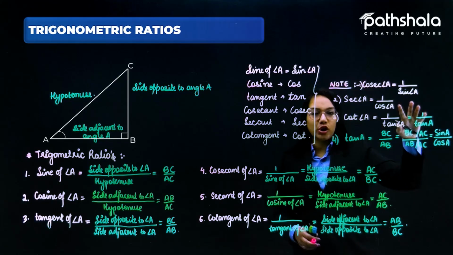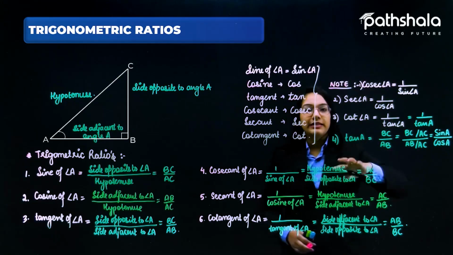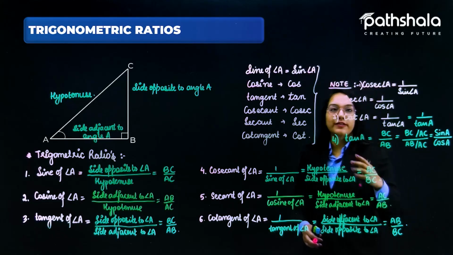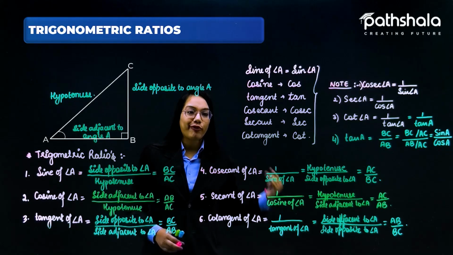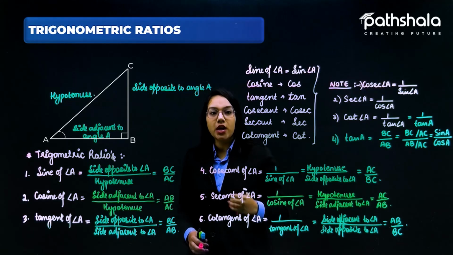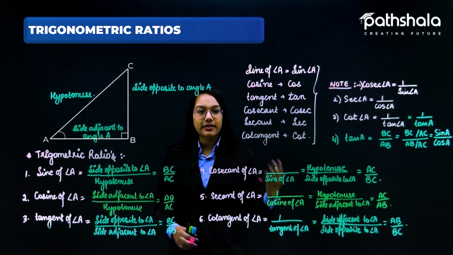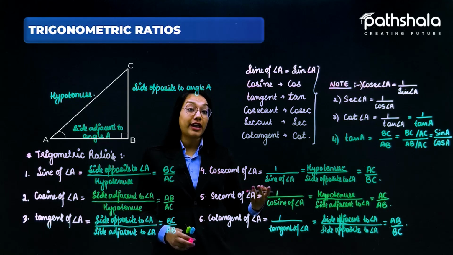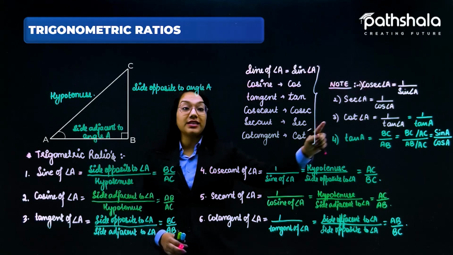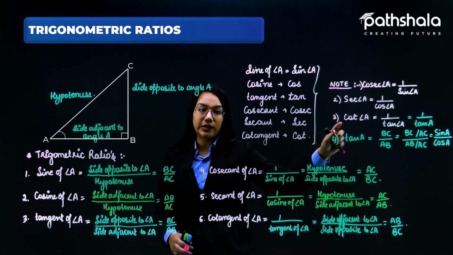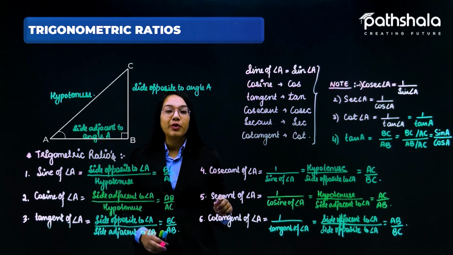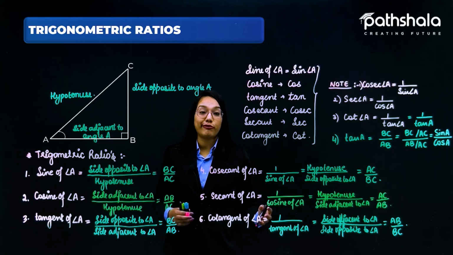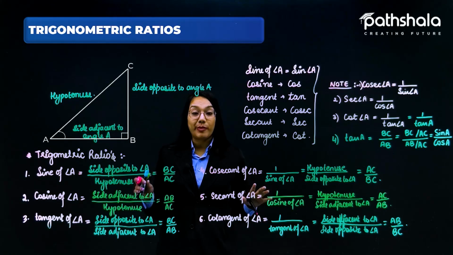These are the special notes that you always have to remember: cosec is a reciprocal of sine, or we can say sine is a reciprocal of cosec, sec is a reciprocal of cos, cos is a reciprocal of sec, cot is a reciprocal of tan, tan is a reciprocal of cot, and tan of A can be written as sine A by cos A. Further we can say cot A is nothing but cos A by sine A. So these are all the trigonometric ratios or relationships we can form from these basic 6 trigonometric ratios.